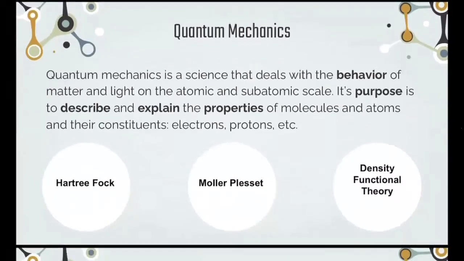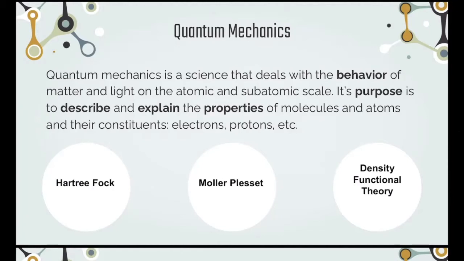So first of all, I wanted to have a small introduction into quantum mechanics, even though I know it has been talked about in Prakash's presentation, because he talked about the Hartree-Fock calculations, which are some form of ab initio calculations, which describe and explain the properties of molecules and atoms with their constituents using their electrons, protons, and so on. In quantum mechanics, there are three main methods for the analysis of these molecules.